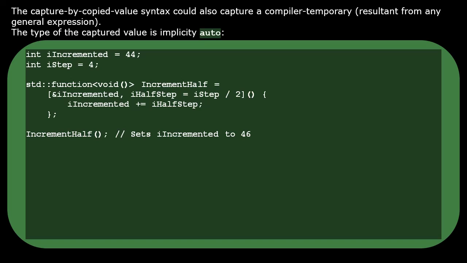The result of that evaluation is a value of 2. Again, this lambda maintains some remembered storage in which it remembers that value of 2. The data type of that remembered storage is never specified by the programmer. Instead, it's automatically deduced using the same mechanism as C++11's auto.